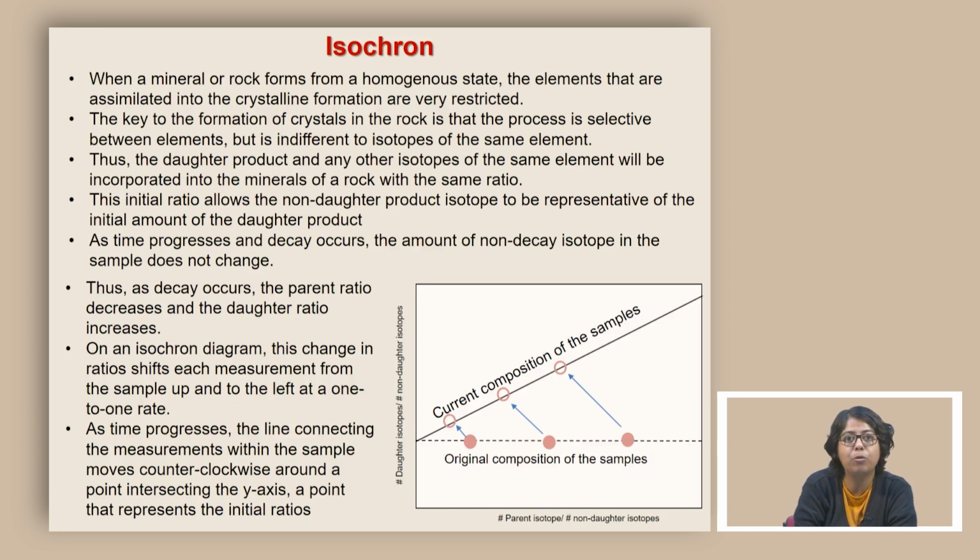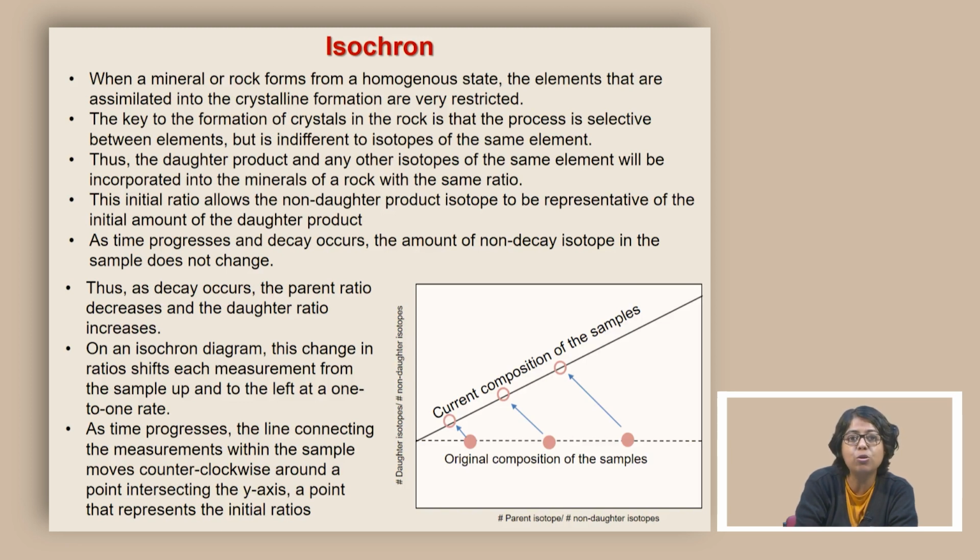And as time progresses and the decay occurs, the amount of non-decay isotopes in the sample does not change. Thus, as decay occurs, the parent ratio decreases and the daughter ratio increases. That is because of the decay. But there is also a part that was there from the very beginning, and that part stays constant.